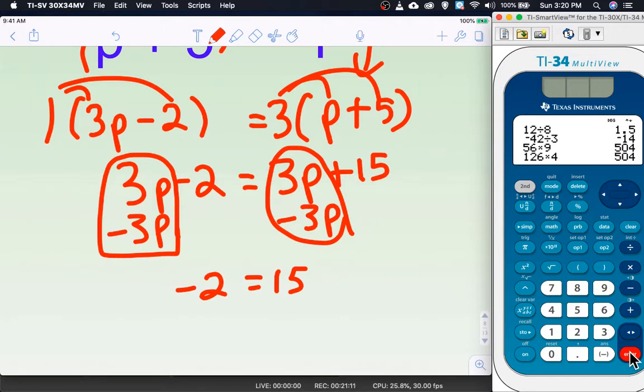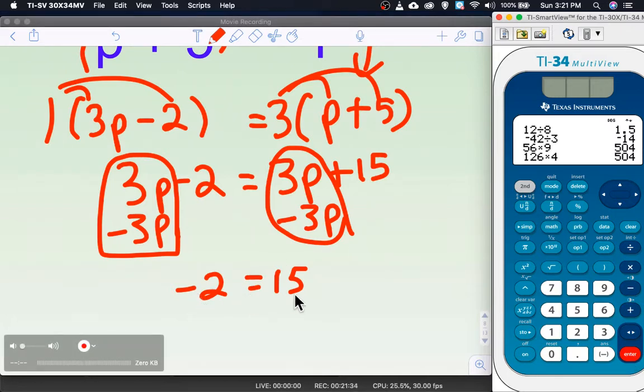So if you think back to the previous lesson, when your variables completely canceled out, I have no more p's left. If your resulting answer is true, that means your answer will always be true. You have infinitely many answers. Every single number is an answer to the problem. That's not what this is saying, because -2 is not the same thing as 15. This is not true.